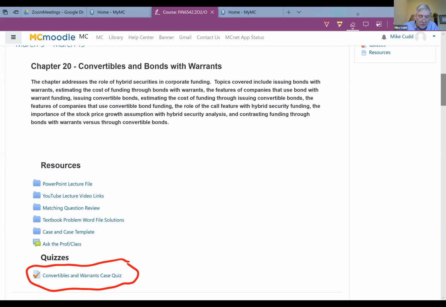Back to what we were doing. On Moodle, you'll have PowerPoint files that are more extensive than what I will cover with you today. Today, for the Zoom meetings, I do a skeletal coverage just to introduce the students to the material.